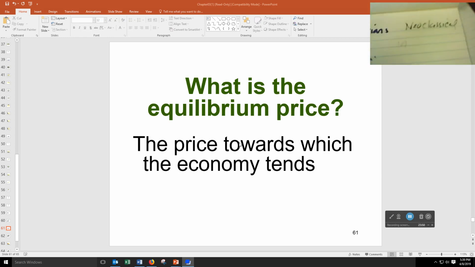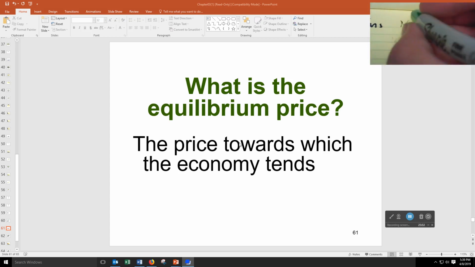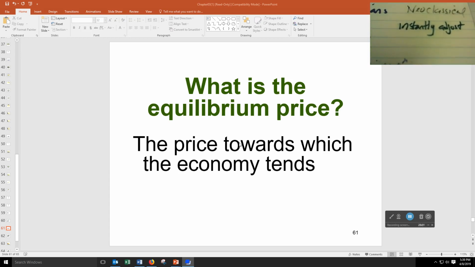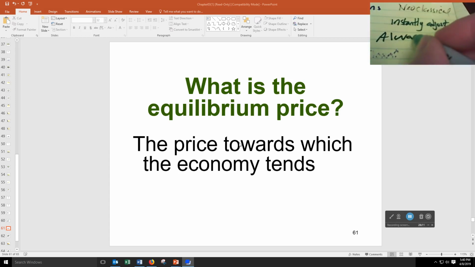Okay. So for our neoclassical friends, they believe that markets instantly adjust. If, say, a market equilibrium changes, we immediately move from one equilibrium to another equilibrium, literally with nothing in between. And they would say that the market is always in equilibrium.